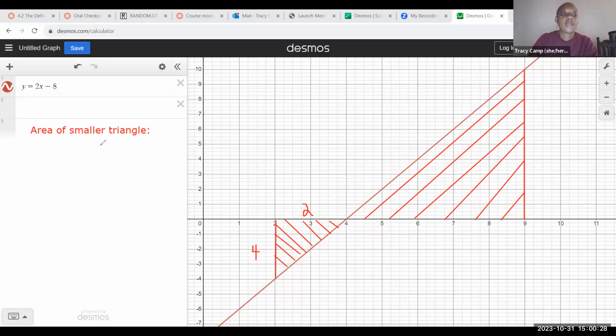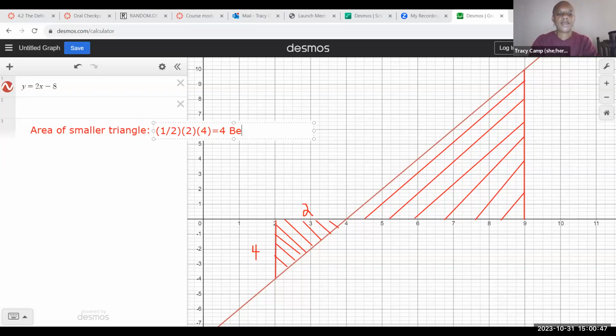So the area of the smaller triangle is 1/2 base times height, and that ends up being 4 in this case.